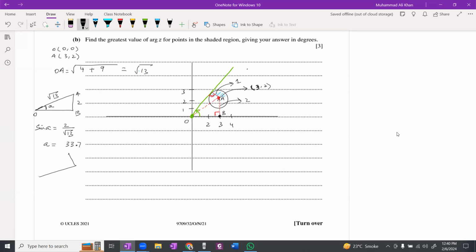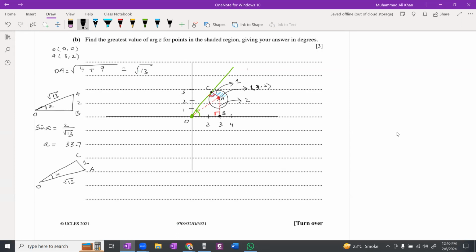And now I'm using another triangle, and that triangle is like this. Here it is, let's say C. This is C, this is A, and this is O. Again, here it is under root 13, and this length is 1.